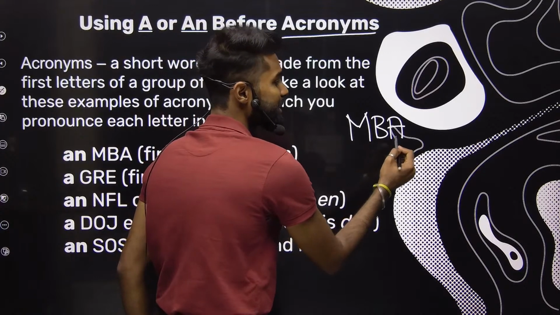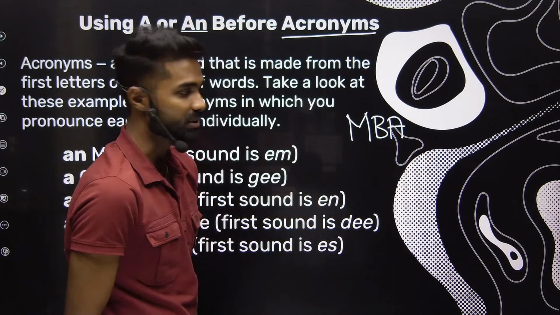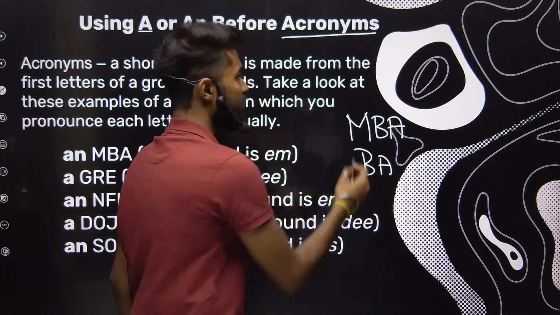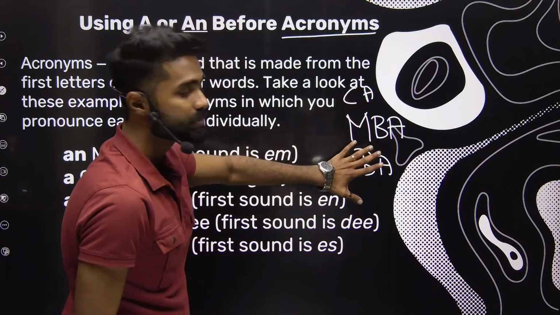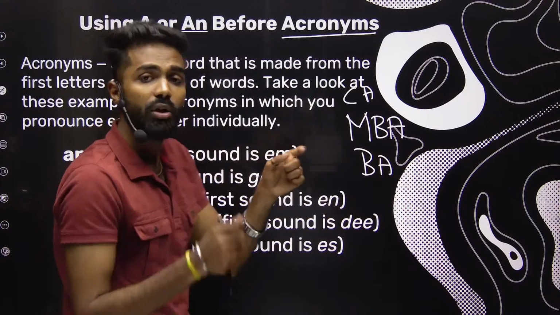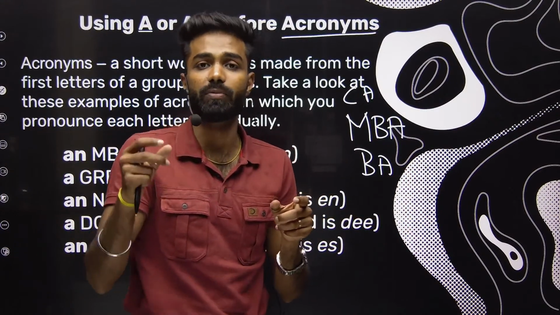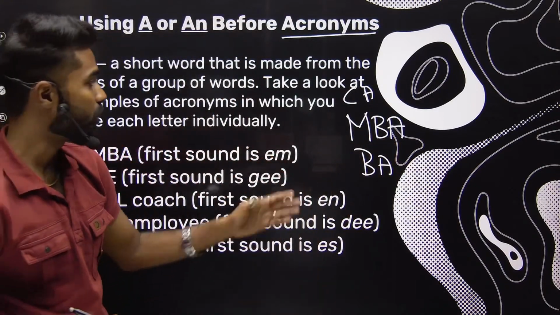Master of Business Administration. Or else I can say simply BA, Chartered Accountant, CA. See, these are called my acronyms. You just take the first letter of each word, summarize it together and shorten it. That's it. These are called acronyms.